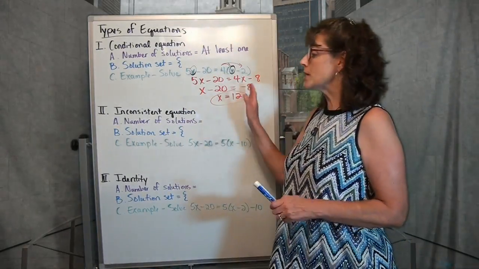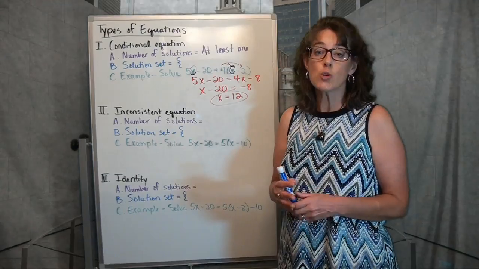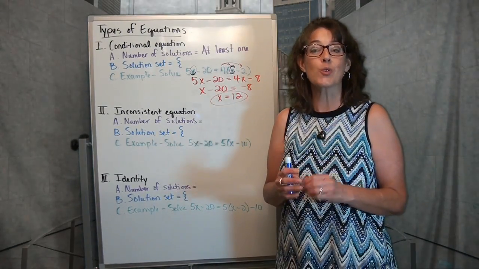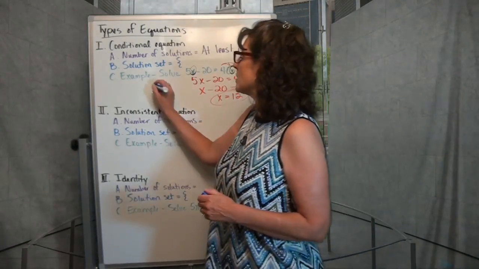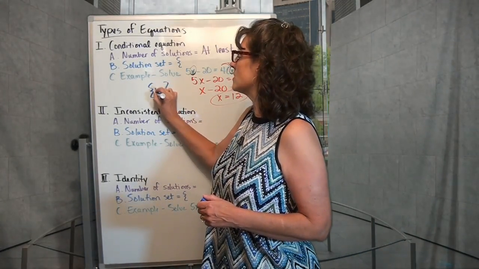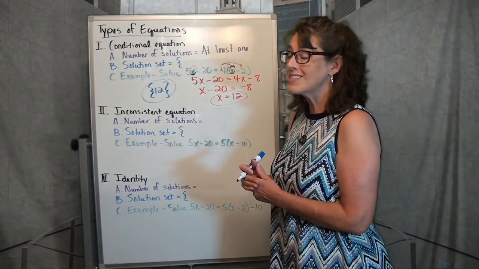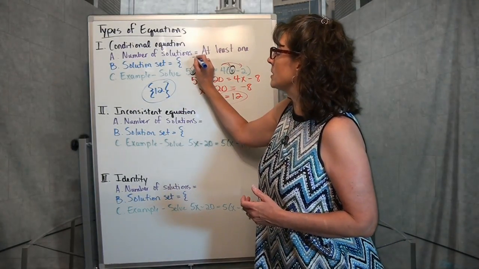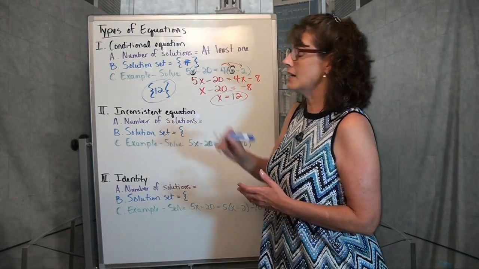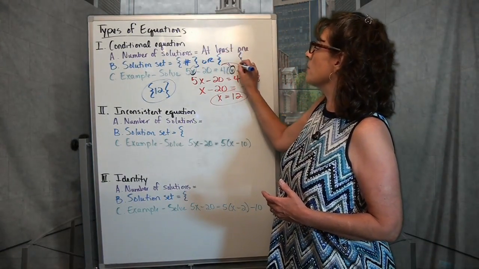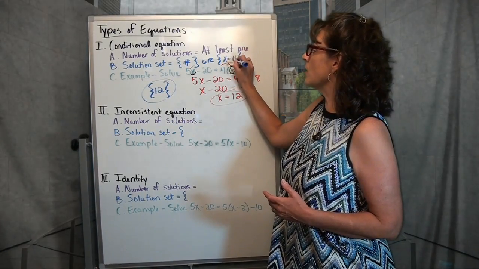So in order to express this in set notation, we use braces. So we would express it as our solution is simply the number 12. So your solution set, you can write it as simply the set with the number in it, or you could potentially write the variable equals whatever that number is.